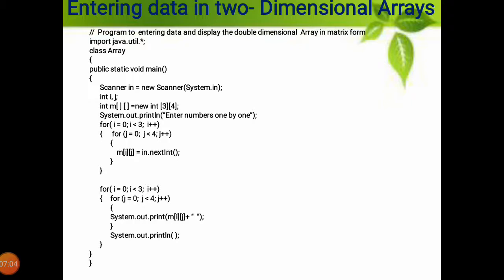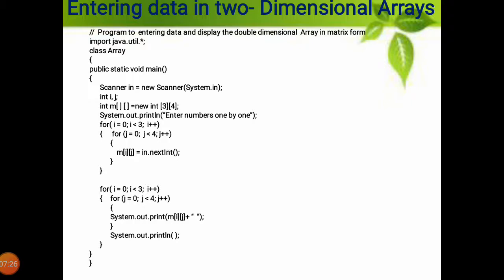Here also M[i][j], and with the help of the Scanner class, a scanner next statement, I input the values one by one, changing the index position of i and j each time.